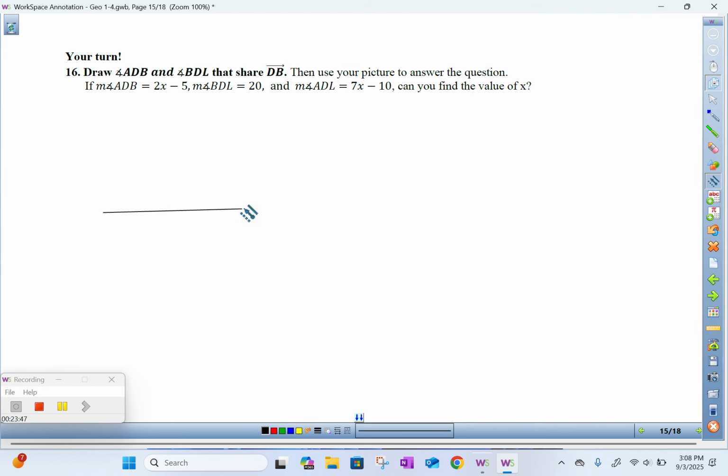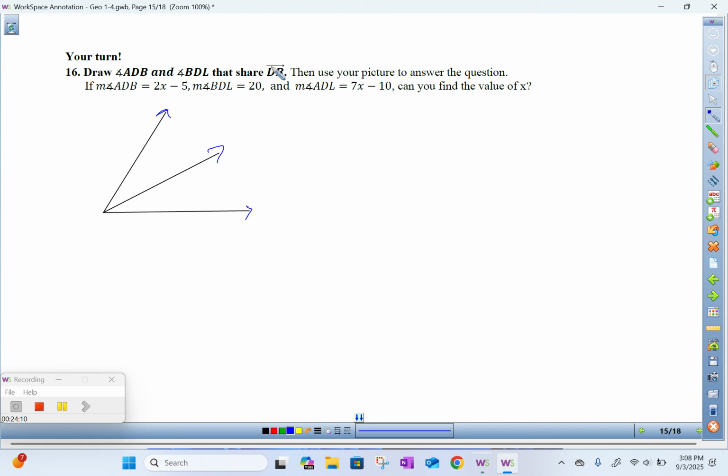Okay, what I like to do with these problems, anytime there's multiple steps, is start out just with the angle or the shape of whatever it asks me, and sometimes I add the letters or the details last. So it says I'm supposed to draw two angles that share a ray. If they share a ray, they're adjacent. So now I have two angles, one here and one here.